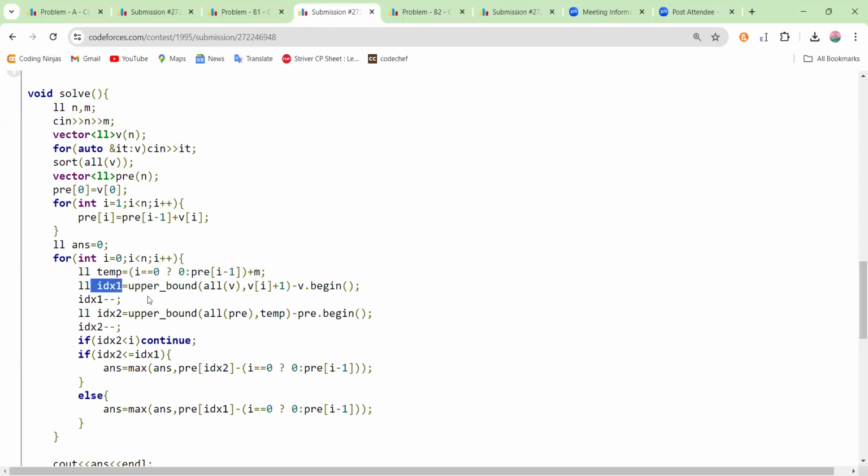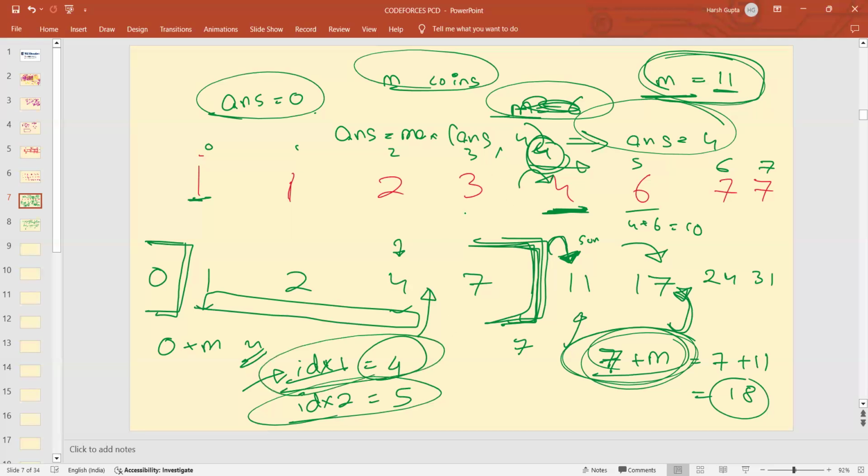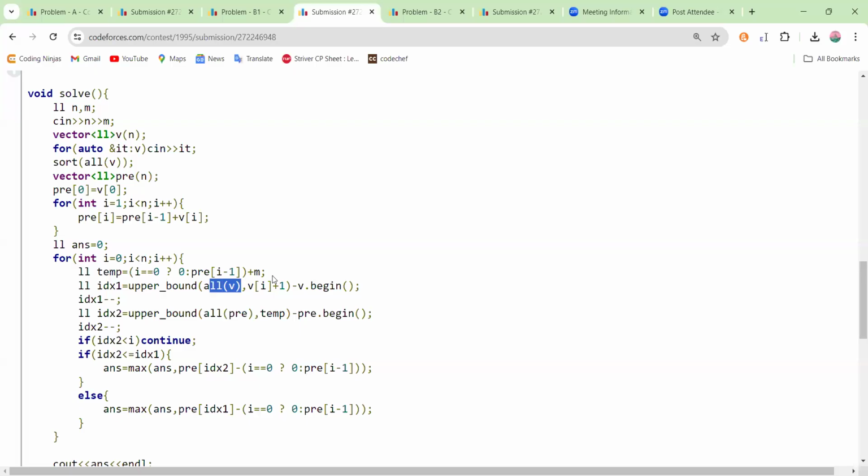Now we calculate index 1. Index 1 is actually the constraint for the vector v that we have discussed. So index 1 is upper bound of v of I plus 1 minus v dot begin.